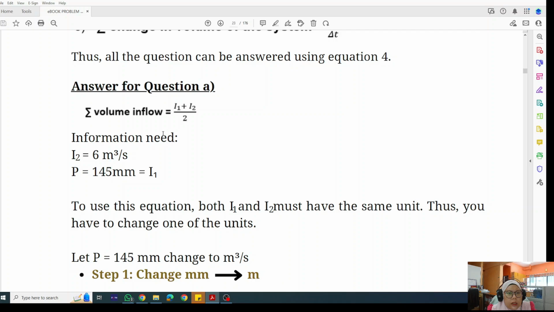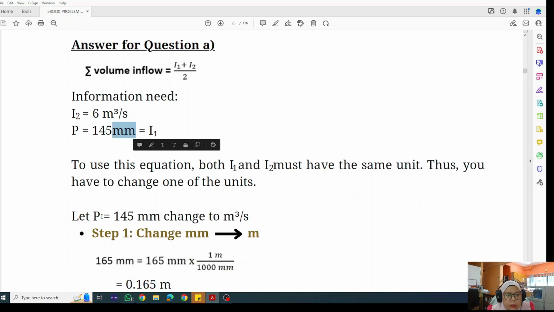So here you have a different unit between I1 and I2. So what you have to do is you must change one of the units to be equal to the other one. So in this case, I choose P equals 145 millimeter to be changed to meter cube per second.